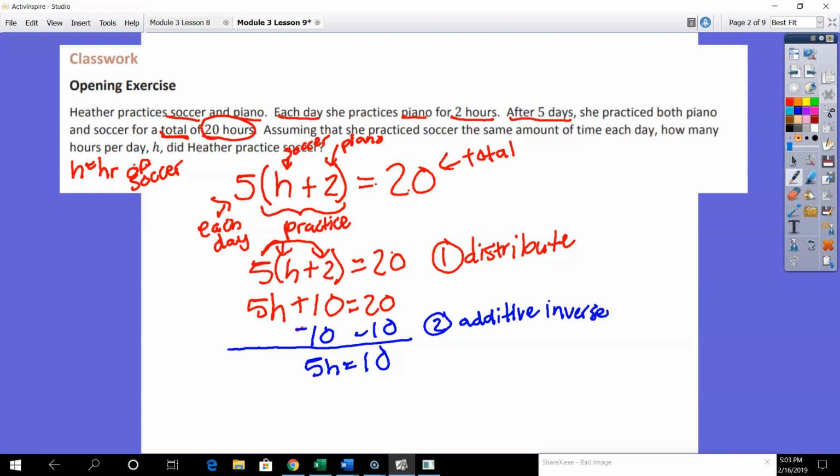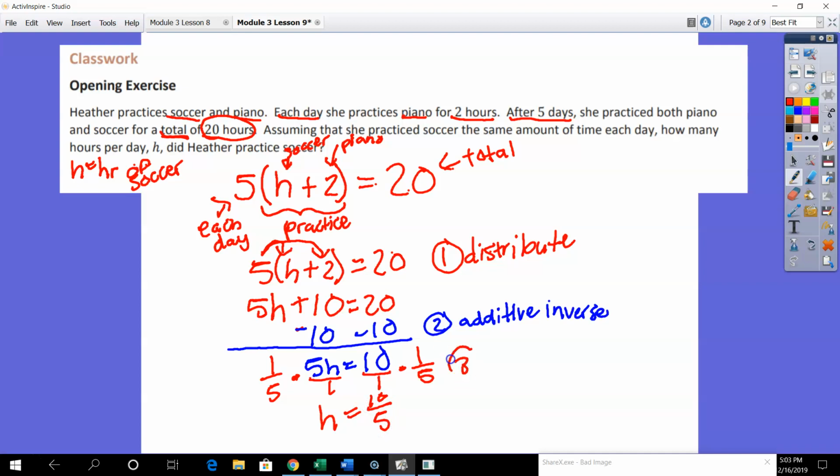And then next we're going to multiply by the reciprocal. We have just the variable and the H, so we're going to multiply by the reciprocal, which leaves us with H is equal to 10 over 5.